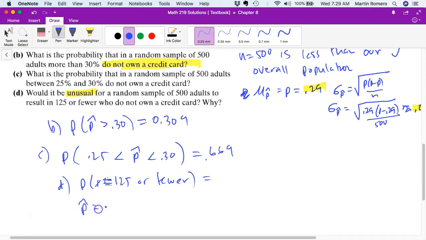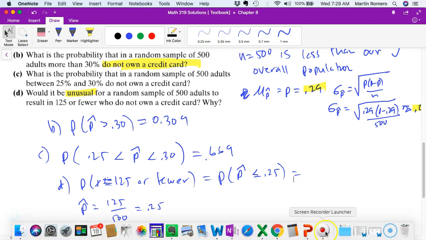We need to calculate a p-hat: 125 divided by 500. That turns out to be 0.25. So what we're really looking for is the probability that p-hat is less than or equal to 0.25.